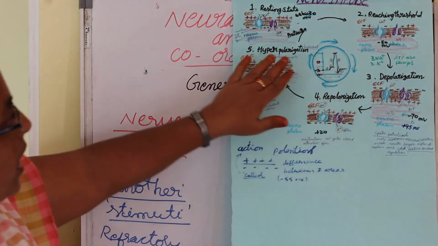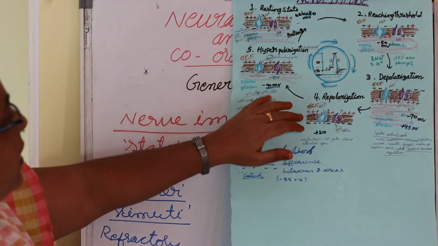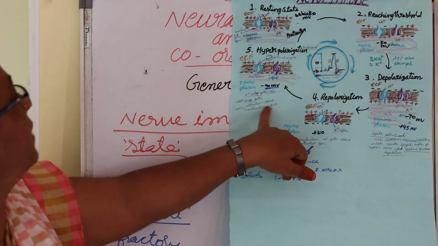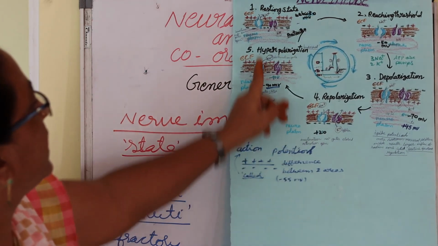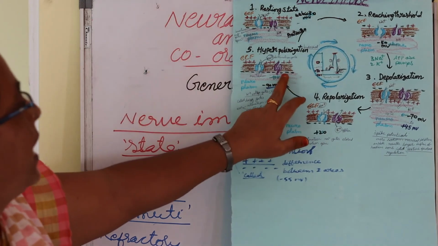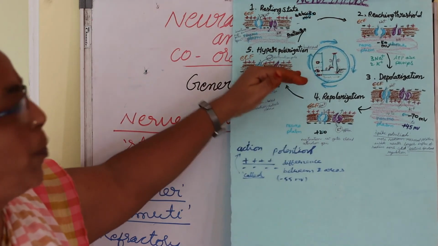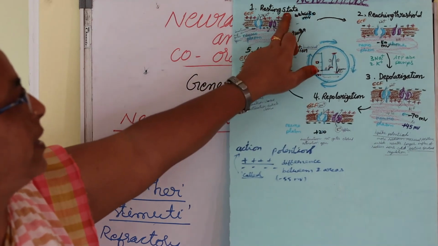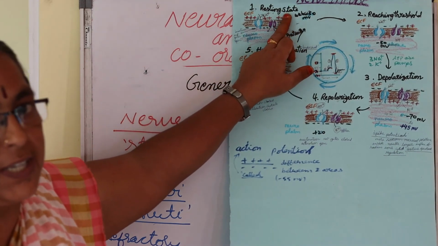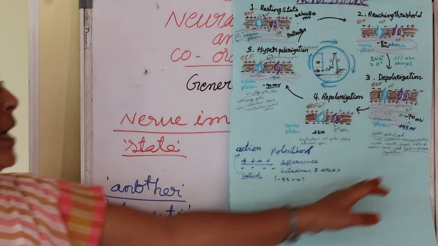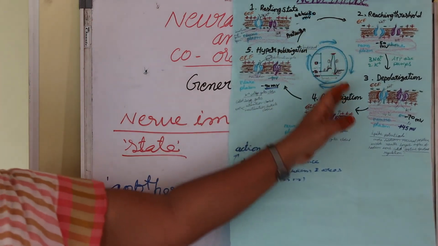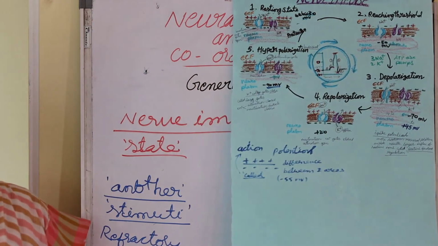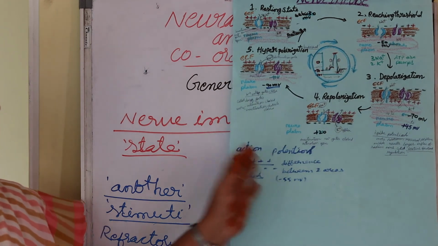In hyperpolarization, the inactivation channel is closed, the activation channel is open, and the K plus channel remains open; later it also closes, and then it goes to the resting state. So this is the nerve impulse, how it conducts. The mechanism we already discussed.